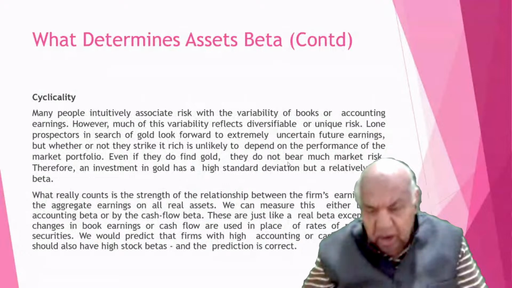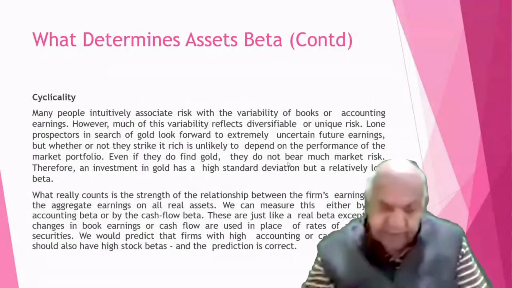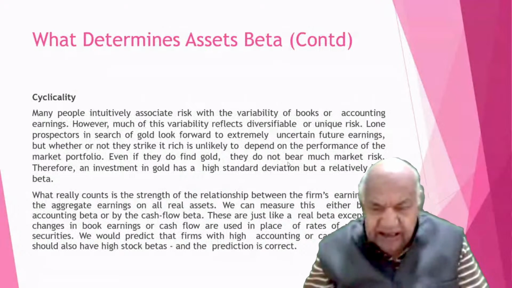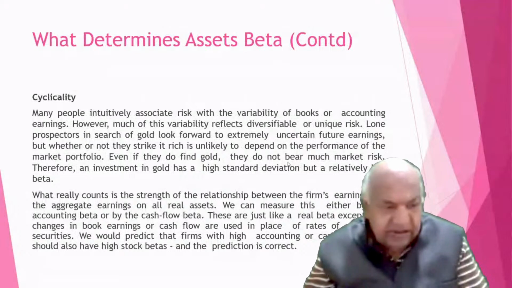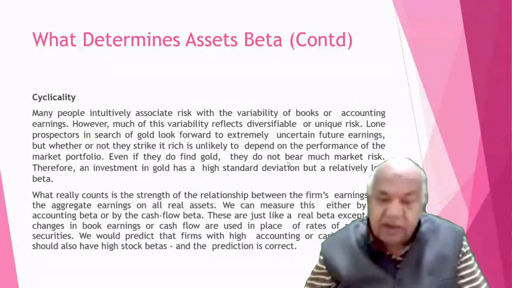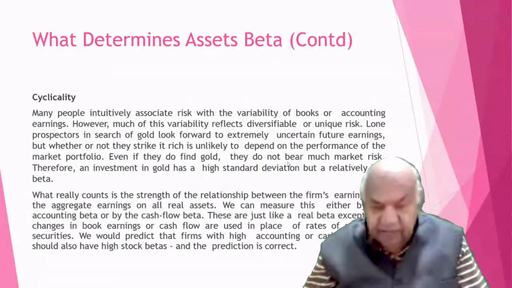We can measure this either by the accounting beta or by the cash flow beta. These are just like a real beta, except that changes in book earnings or cash flow are used in place of rates of return on securities.